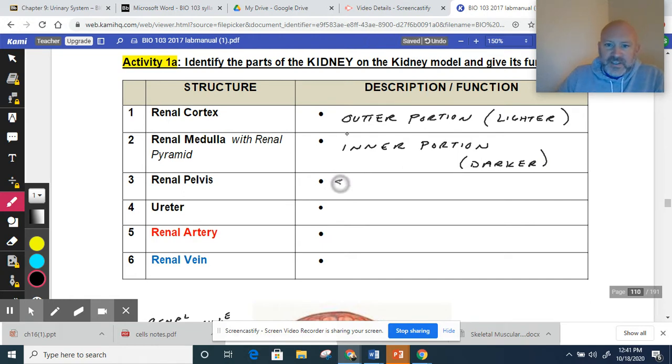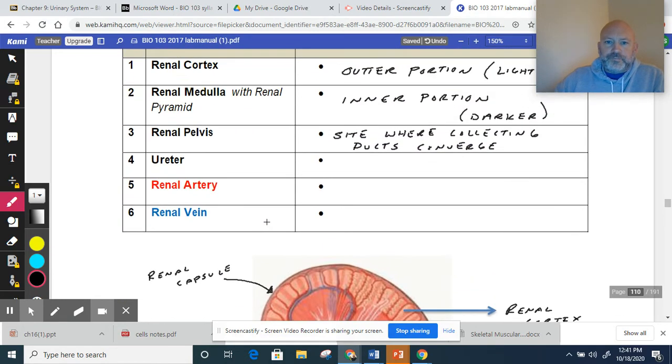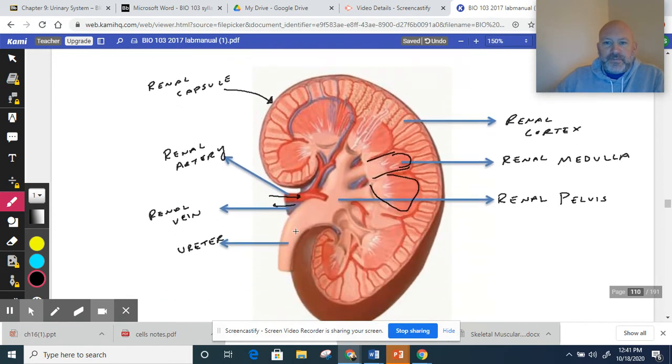The pelvis is the site where the collecting ducts converge. And it's here where the urine would be leaving the collecting ducts and kind of funneling into the ureters. The ureter, did we do the function of the ureter on the previous slide? Yeah, we did. So we're not going to repeat that. We did these 3 on the previous slide. We're not going to write them again.